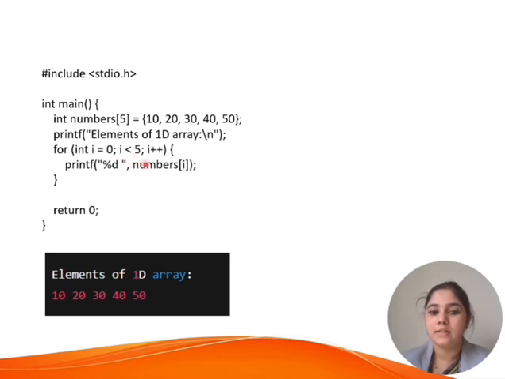This is the condition. Next is i plus plus, which is the incrementation. So in the for loop we have to either increment or decrement. The first part is initialization, followed by the condition, and next is the incrementation. With that, we print number of i. So number of 0 would be printed, number of 1 would be printed, followed by the number at the fifth position. And then it returns 0.